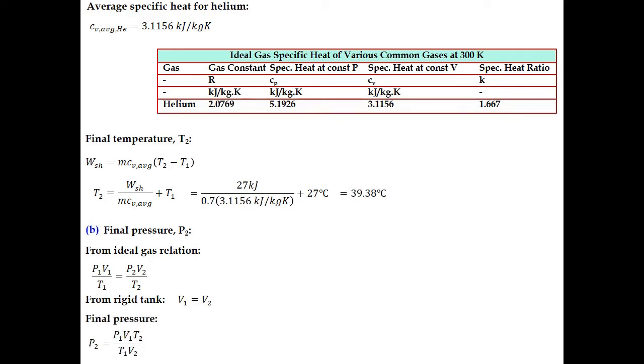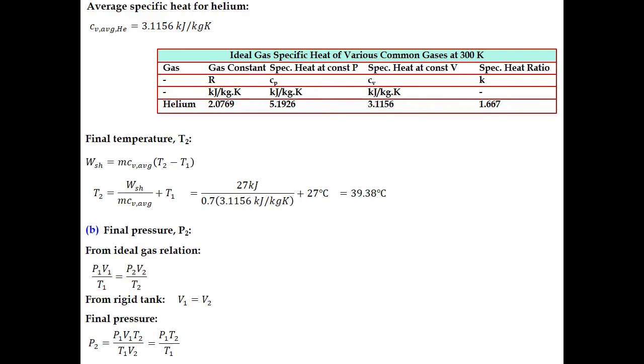We can rearrange the equation to get P2 equal to P1 multiplied by V1 multiplied by T2, divided by T1 multiplied by V2. Because V1 equals V2, we can cancel out the volume terms, so we have P2 equal to P1 multiplied by T2 divided by T1.